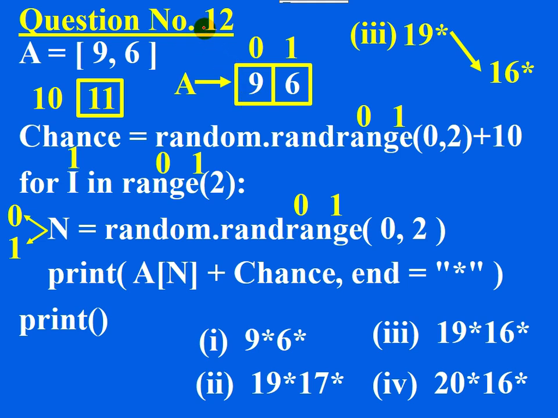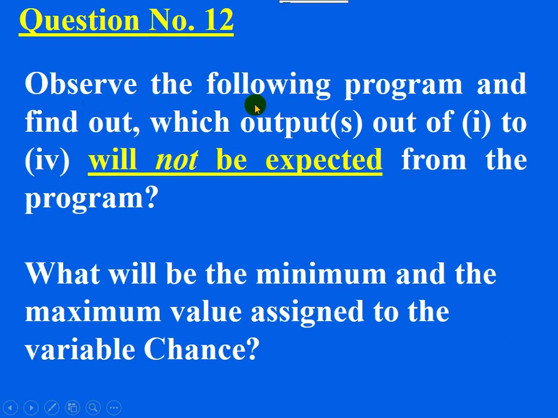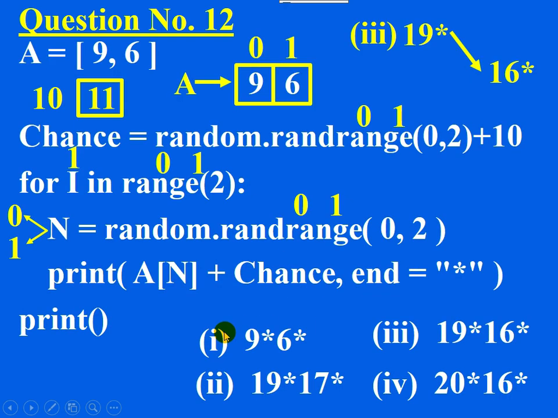But the question is, you can see that the question is, observe the following program and find out which outputs out of 1 to 4 will not be expected from the program. So out of these four options, which are the options that are not expected of this program?